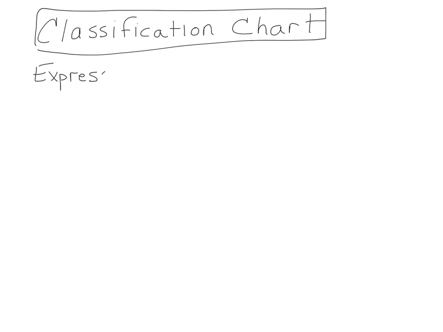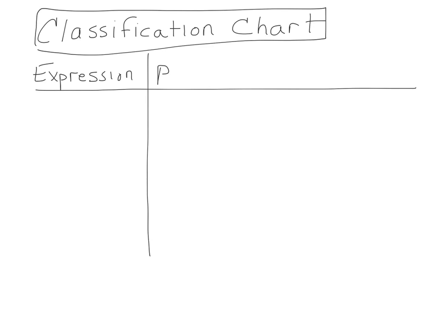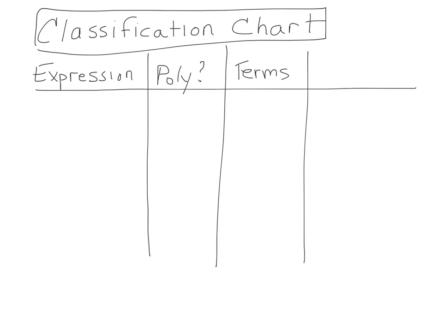We're going to decide whether or not it's a polynomial. If it is, we'll classify it by the number of terms, and then we'll also classify it by the degree.